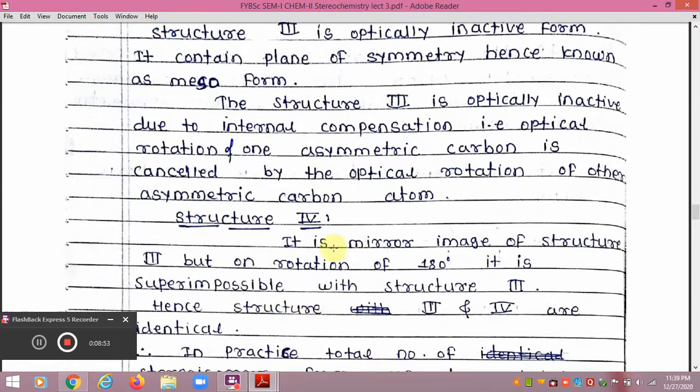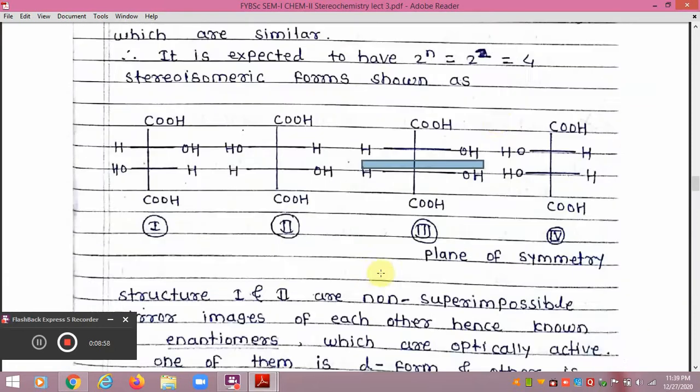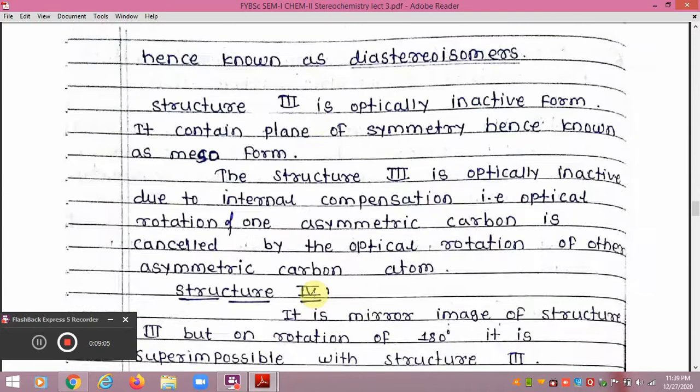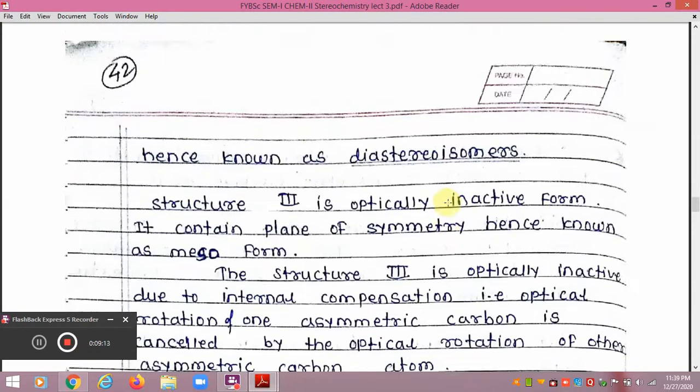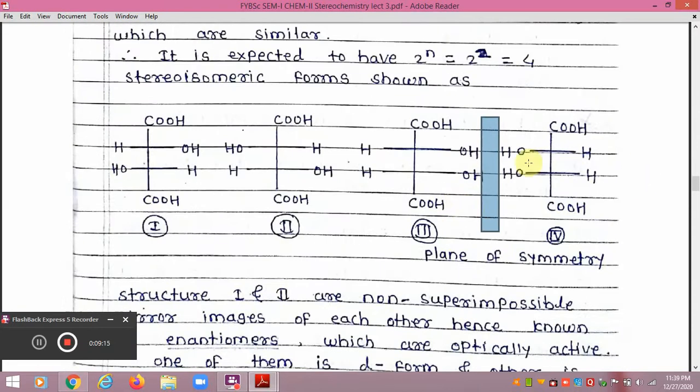Regarding structure number 4, it looks like the mirror image of structure number 3, you can see here. But if we rotate structure number 4 by 180 degrees, it is exactly superimposable on structure number 3.